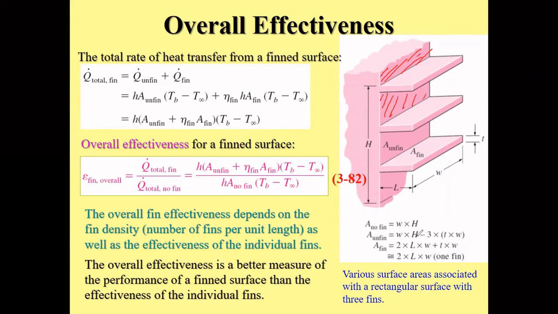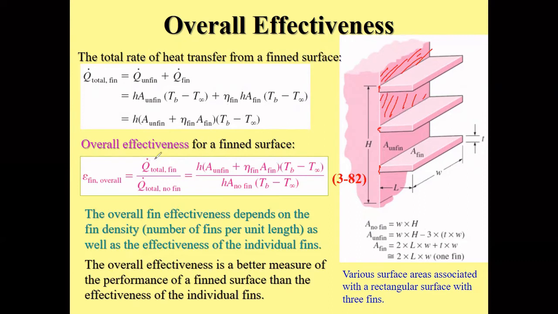So the area of the unfin is the total area, for example, of this square area here, minus, if you have 3 fins, 3 times this, because this area at the base has already been taken by the fin, right? So you have to subtract these 3 areas. So this is the unfin area.